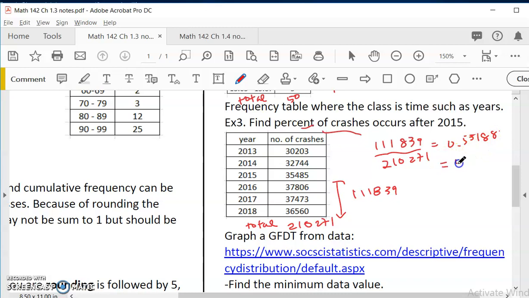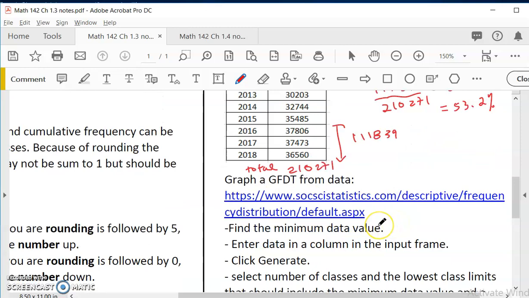In percentage, that is 53 point something. I want one decimal place, so I round to 53.2%. So the last 3 years correspond to 53.2% of the total crashes of the 6 years. So this is more than half of the 6 years.